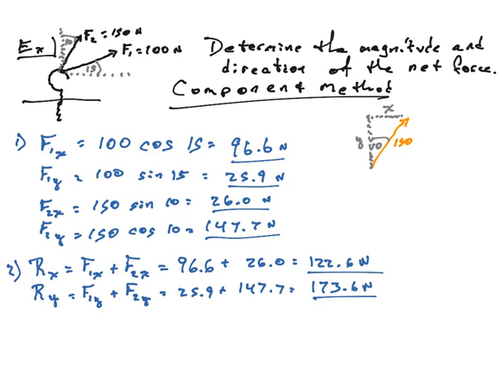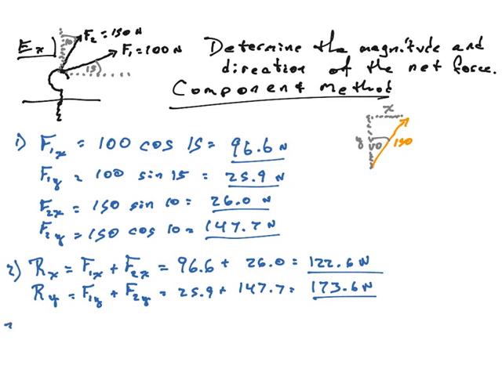All right, so we're almost done. I know the final total vector, the total resultant net force, has an x component of 122 and a y component of 173. But I don't want that. What I want is the magnitude and the direction.